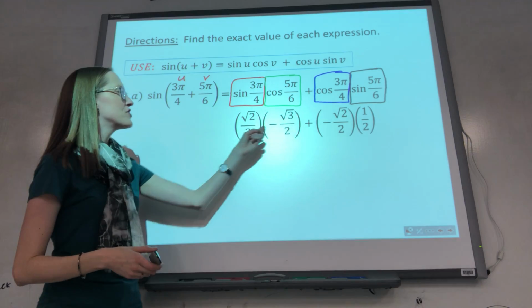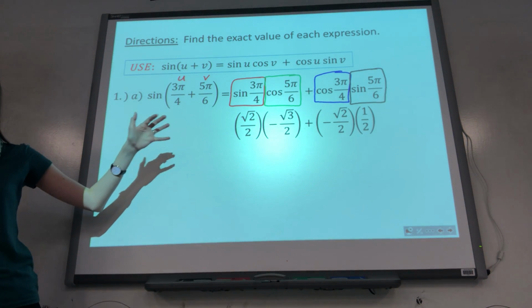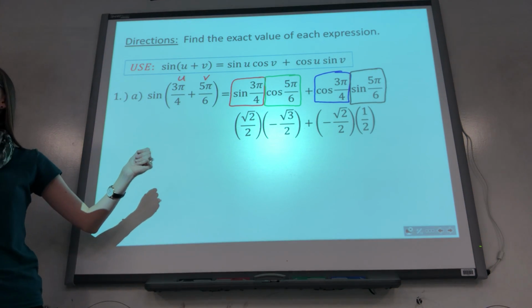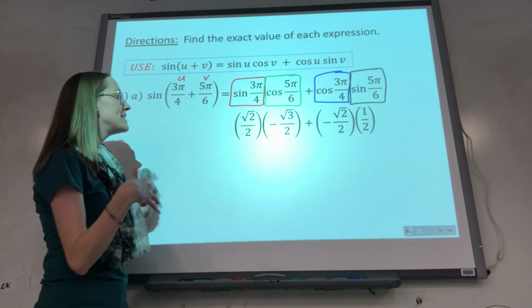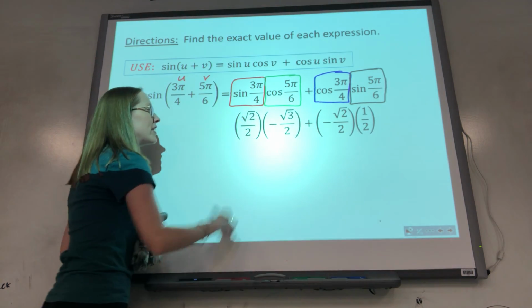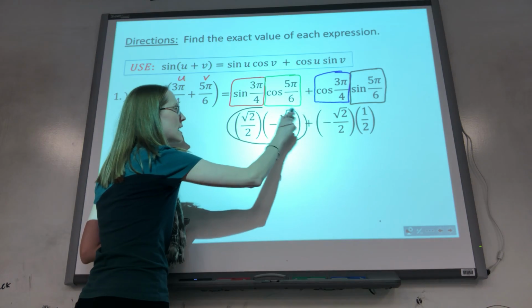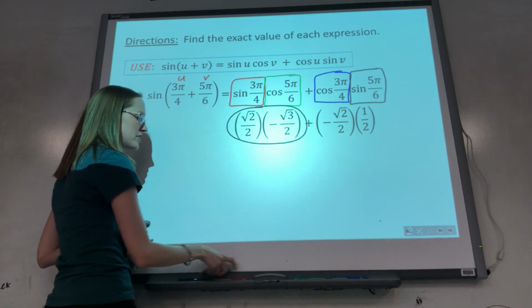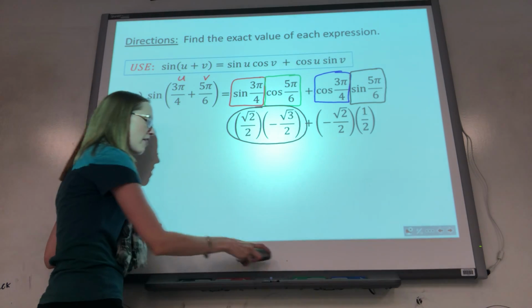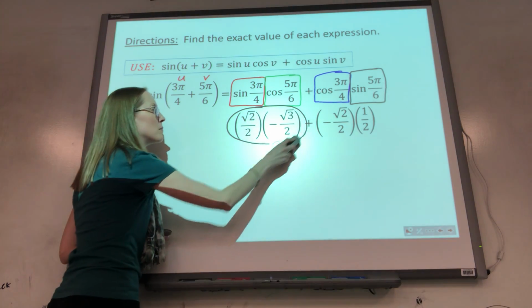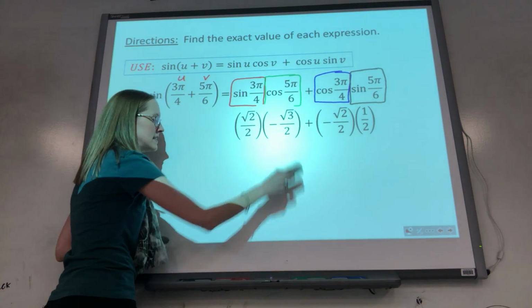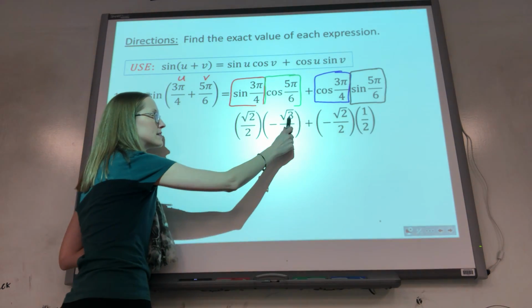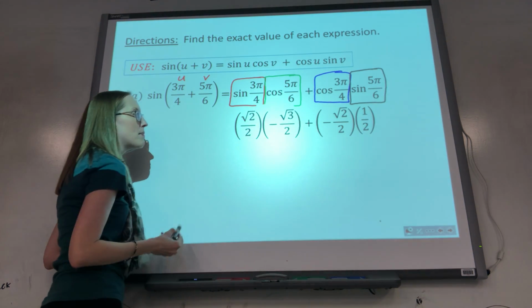Okay, any questions about how we found those numbers? All right, well, we need to make this look better. These two fractions can get multiplied together, and then those two fractions are going to get multiplied together. Now, multiplying fractions, you can go across the top and across the bottom.